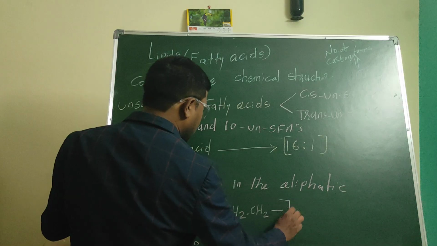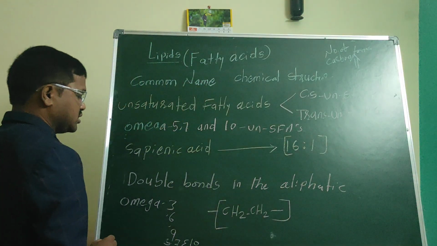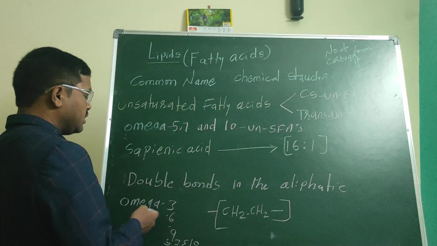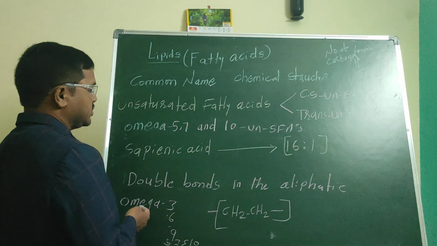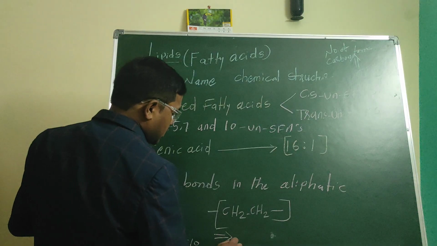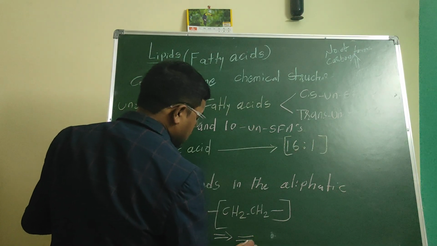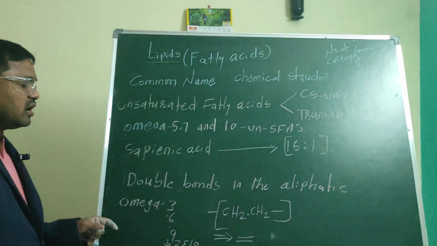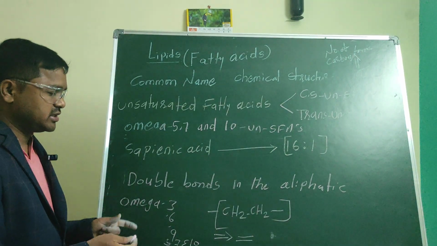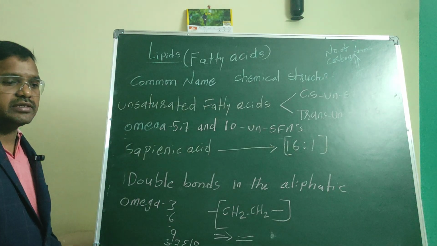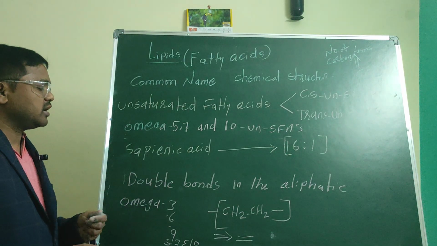In every third position, every third carbon in the unsaturated fatty acids will have a double bond. Means after every ethylene bridge, the unsaturated fatty acids will have the double bonds.